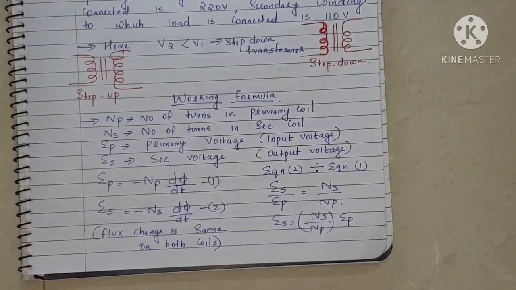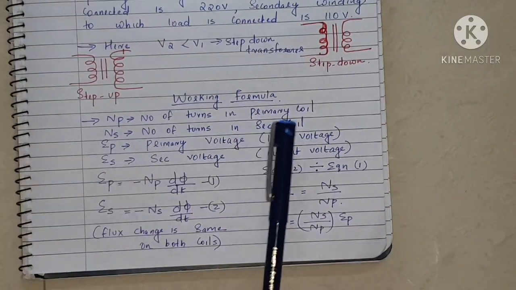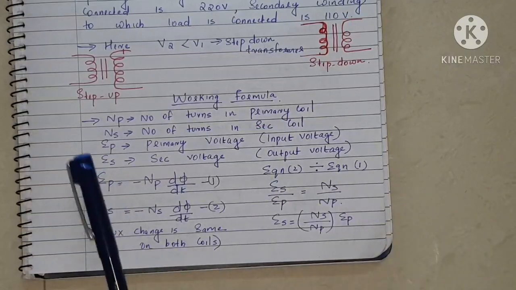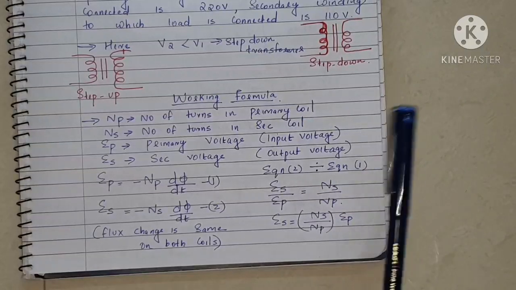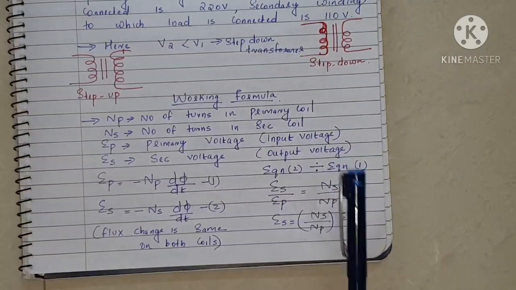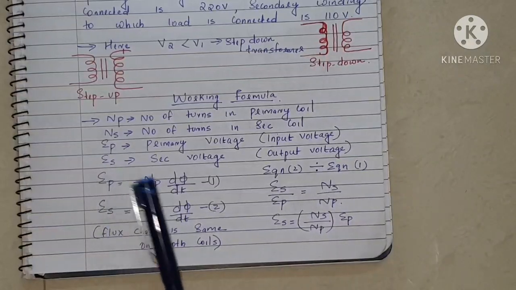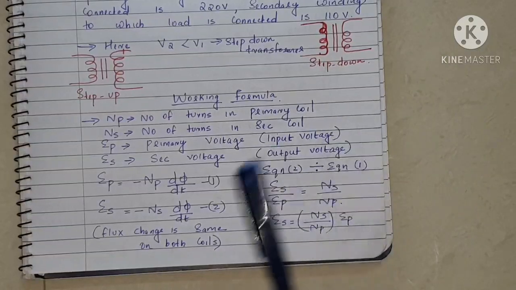Next, we'll discuss the working formula of a transformer. Consider NP as the number of turns in the primary coil or primary winding, NS as the number of turns in the secondary coil or secondary winding, EP or VP as the primary voltage, that is the input voltage, and ES or VS as the secondary voltage, that is the output voltage.